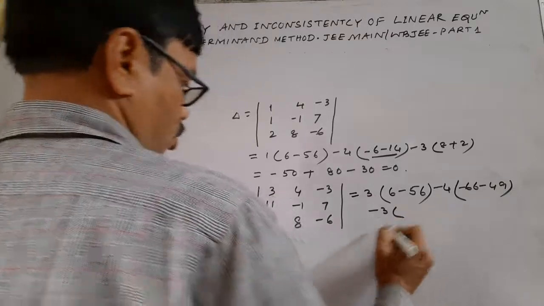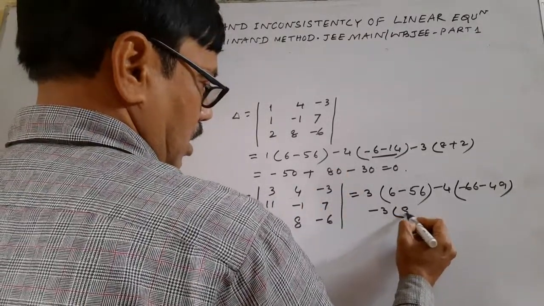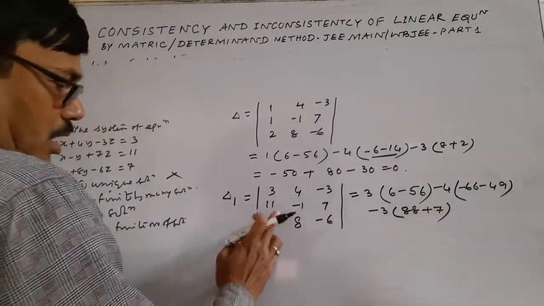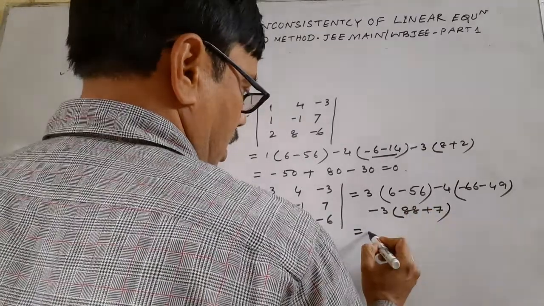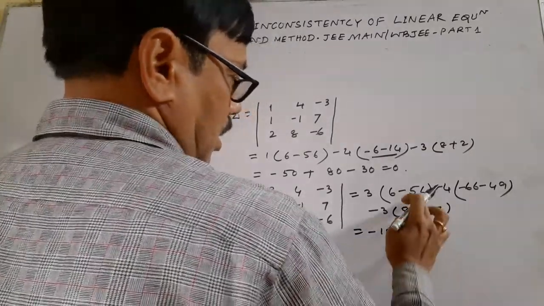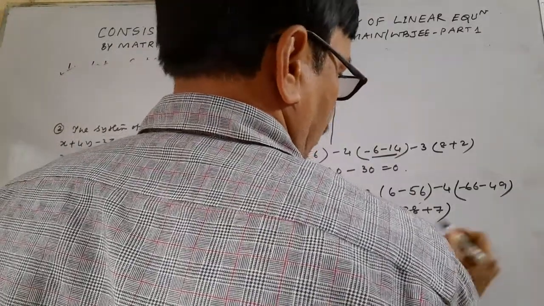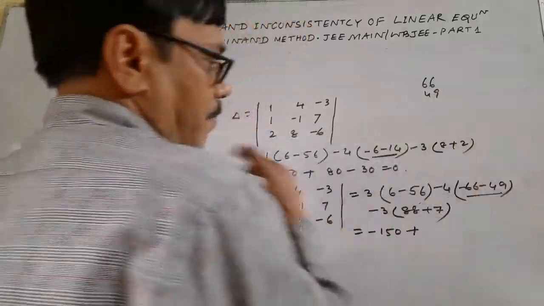Minus 3 into 88 plus 7, so minus 150. This is plus 66, 49.